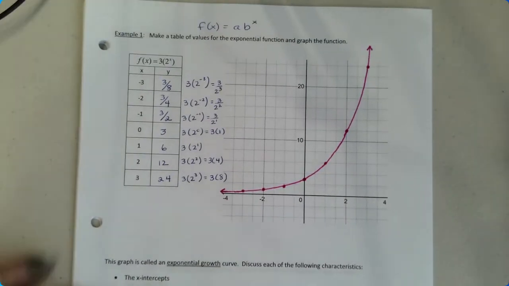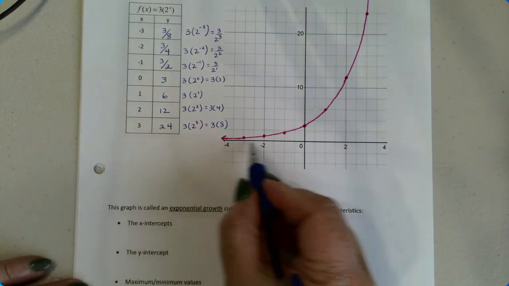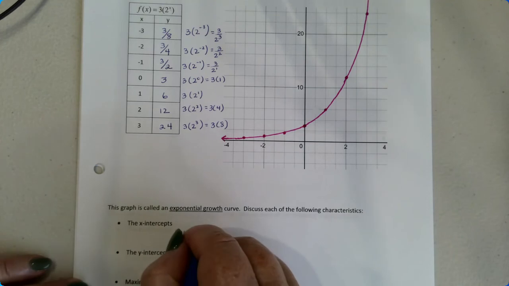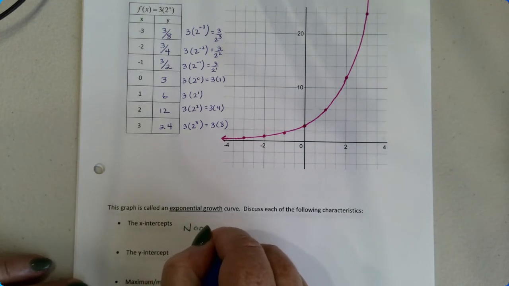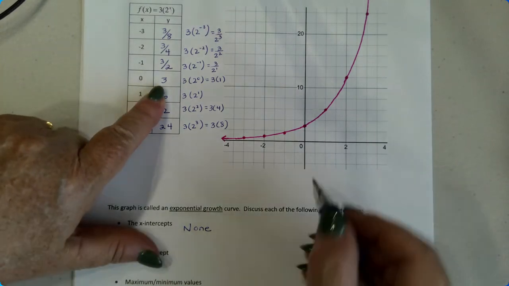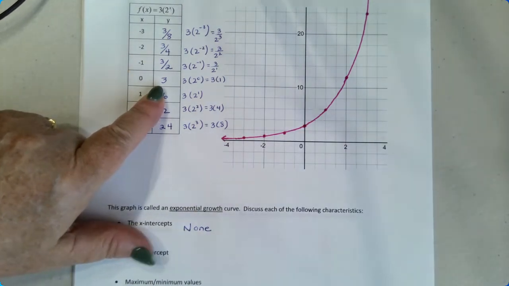So as we look at this graph, it has no x-intercepts, right? It never crosses the x-axis. As far as the y-intercept, I can see it here: when x is 0, y is 3, and I can see it plotted here as well.